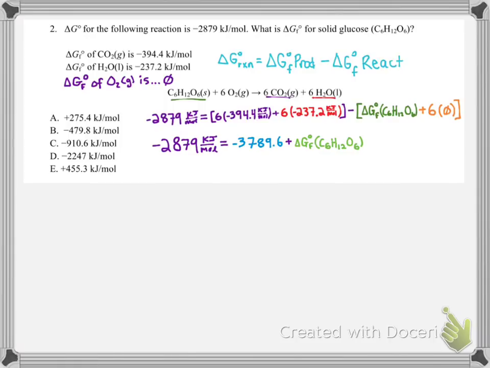So subtract the negative 3,789.6 from both sides, and we'll get, oops, sorry, really quick to make a correction. I put a plus here. That's not right. It's supposed to be a minus. So I'm going to correct that quickly. Sorry about that. Negative 910.6 kilojoules per mole.